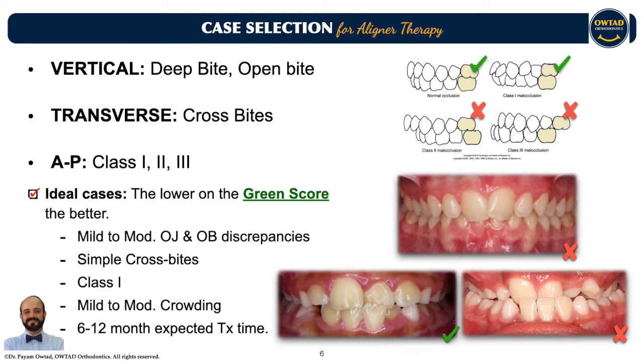So that's one thing. Open bite cases: in an average open bite case, let's say 1 or 2 millimeters of anterior open bite, is okay. Aligners are perfect because they have that bite deepening and it works. But if it's a severe open bite case, close to surgical range, then it falls into the red zone.